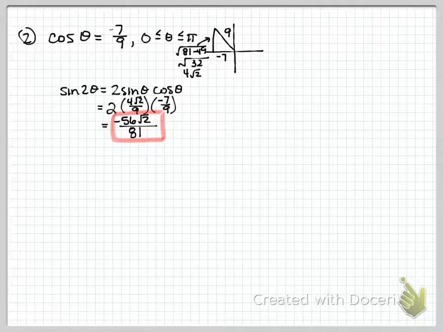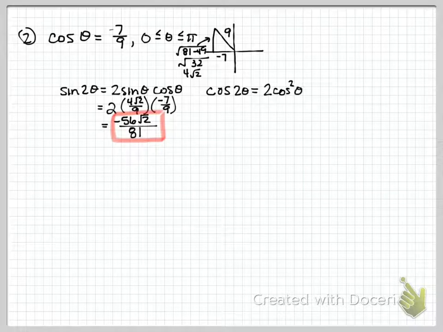All right, let's do cosine. Cosine of 2 theta. Again, I'm going to use the information that was given to me. This makes it easier because sine has that square root in it, and I really don't want to use the square root if I can avoid it. So cosine was given to me, and I have a formula for cosine, which was 2 times the cosine squared of theta minus 1. So that's going to be 2 times negative 7/9 squared minus 1.